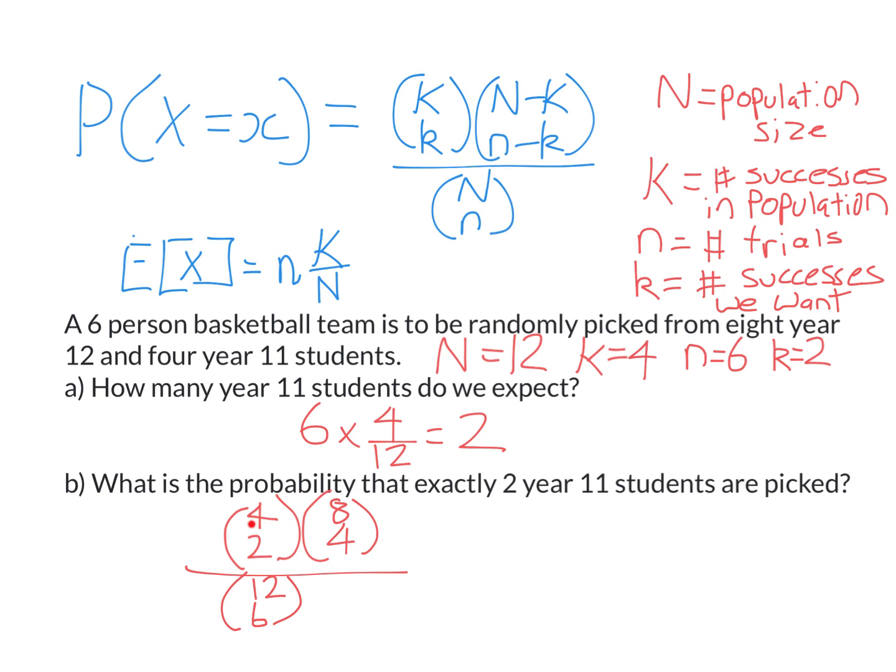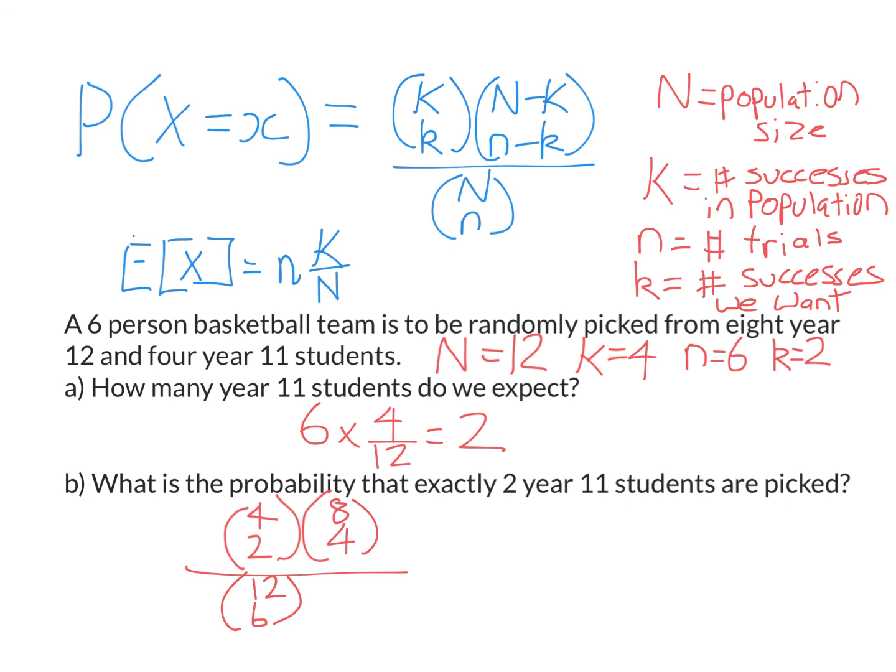This here is the number of different ways you can pick 2 year 11 students from a group of 4. And then this is saying, because there's 6 people on the basketball team, we need to pick 4 year 12 students from the group of 8. So for each one of these, each combination of year 11 students, there is this many combinations of year 12 students to make up the other 4.